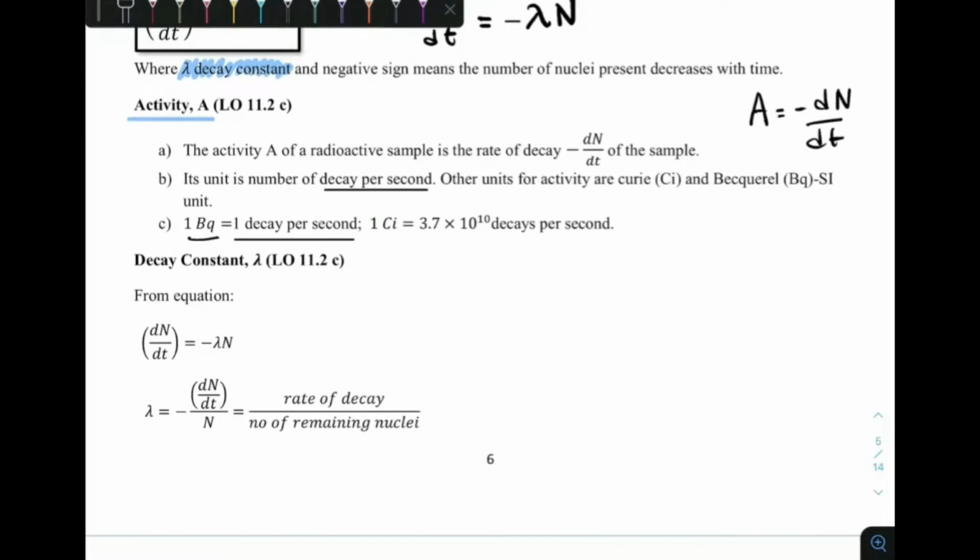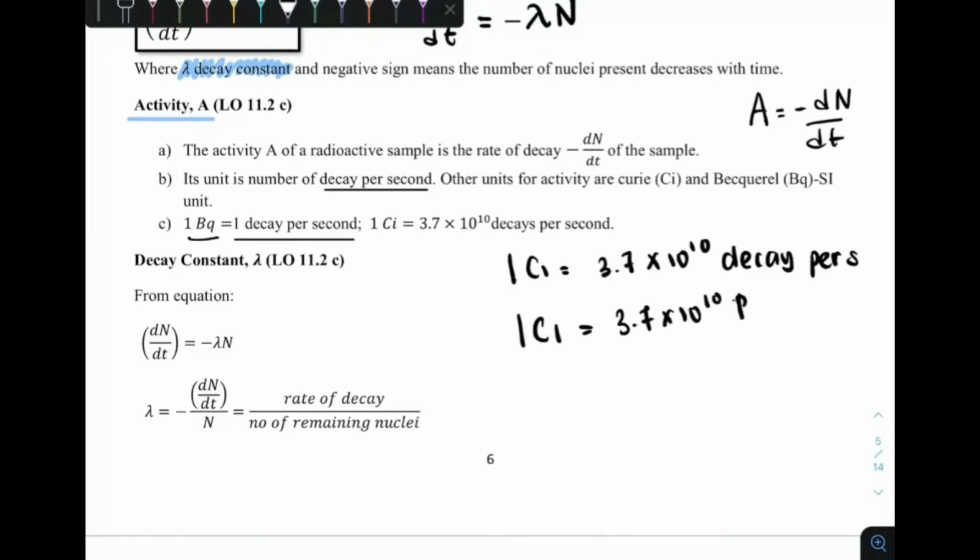Okay, so what you have here, one curie sama dengan 3.7 darab 10 kuasa 10 decay per second, and at the same time kita cakap kita ada 1 becquerel is equals to 1 decay per second, therefore 1 curie juga sama dengan 3.7 times 10 to the power 10 becquerel.